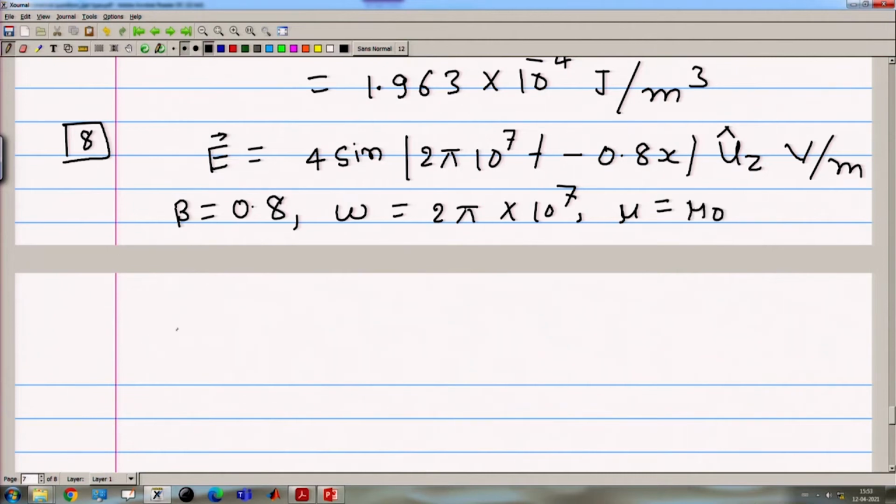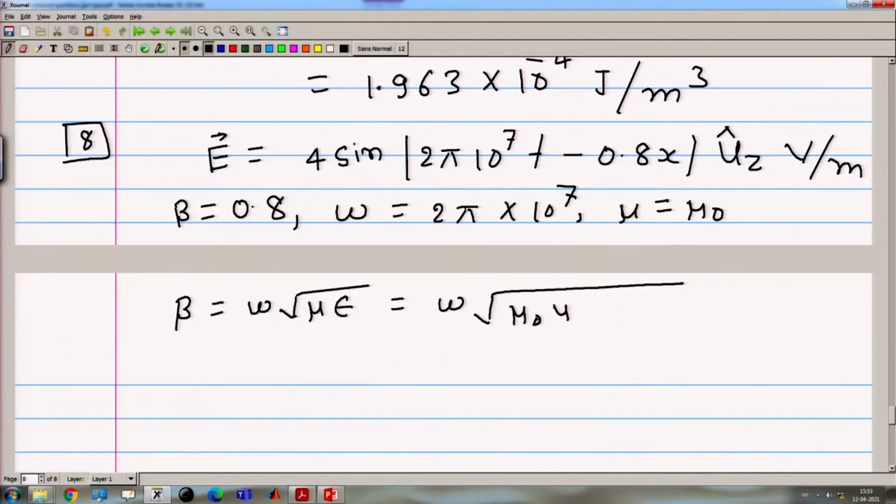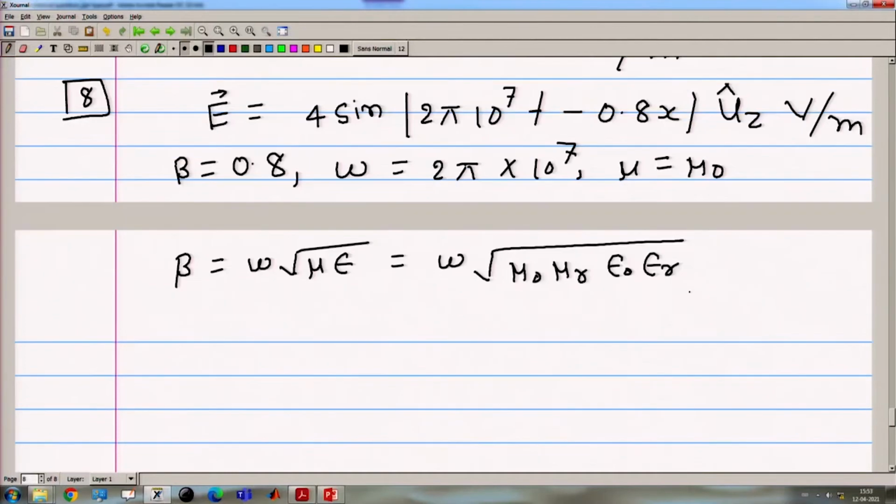We know beta equal to omega square root of mu epsilon, and this can be written as omega square root of mu naught mu r epsilon naught epsilon r. Mu r will be 1 and we have to find out epsilon r first.